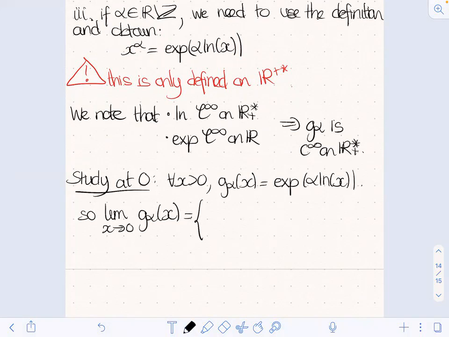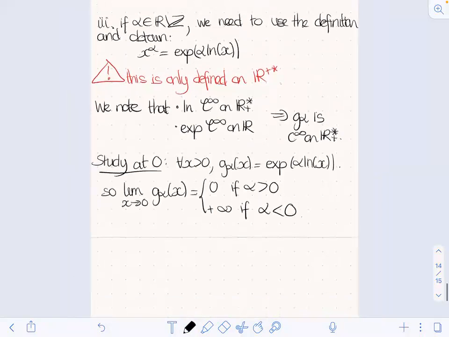Basically, if alpha is positive, we'll get the limit value at 0 equal to 0. That's because logarithm of x at 0 goes to minus infinity, and plus infinity if alpha is negative.